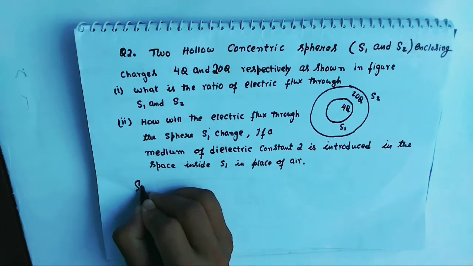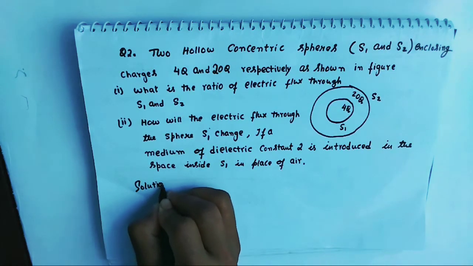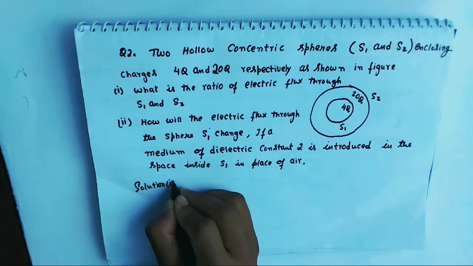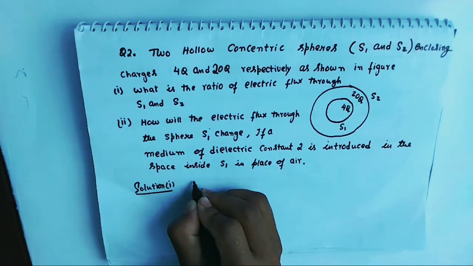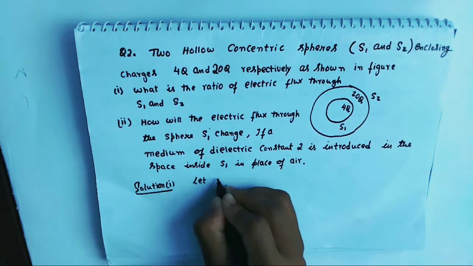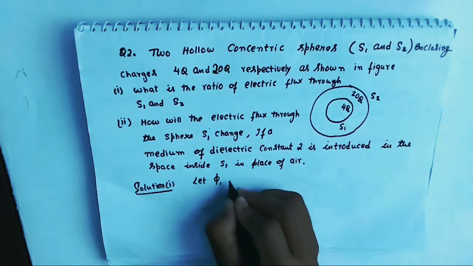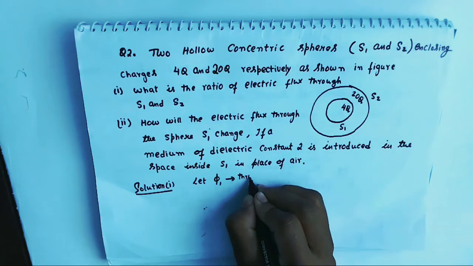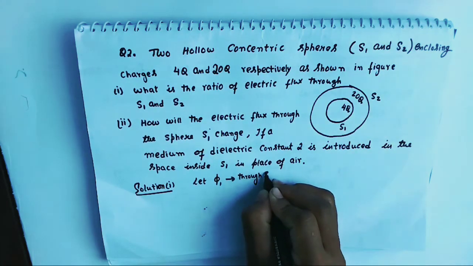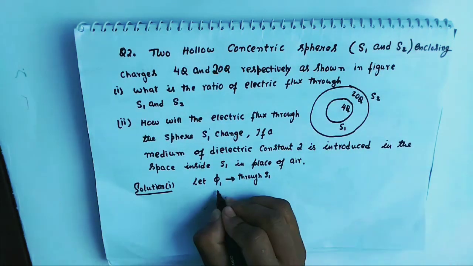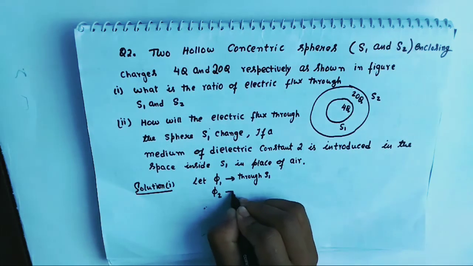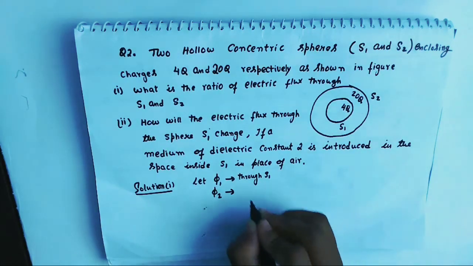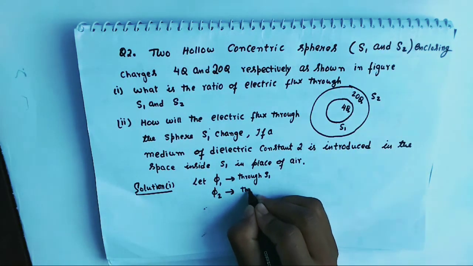So solution, number 1. Let phi 1 be the electric flux through S1 and phi 2 be the electric flux through S2.